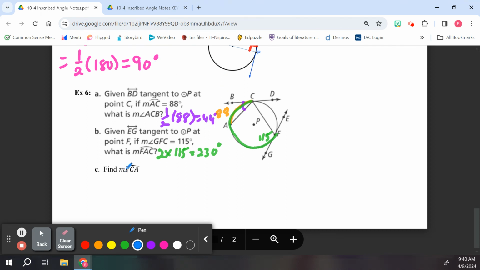And then when we talk about the measure of F to C to A, we need to find what's left here. So first off, we're going to take 360 minus 230, which gives us a total of 130 degrees.